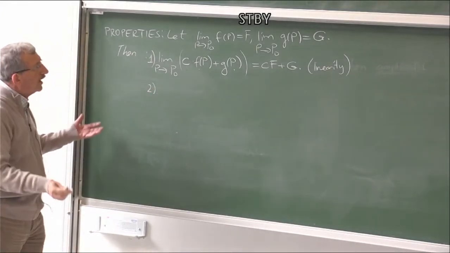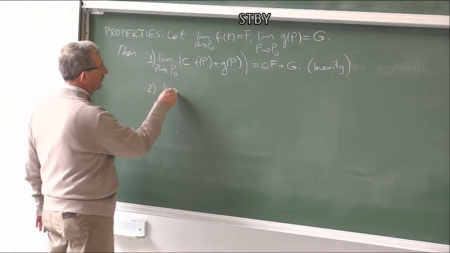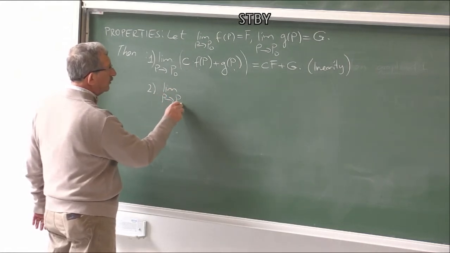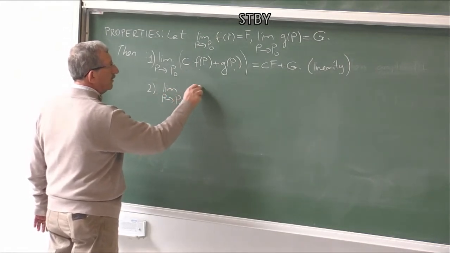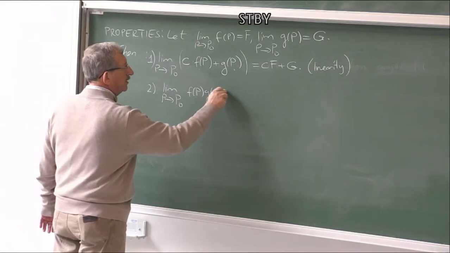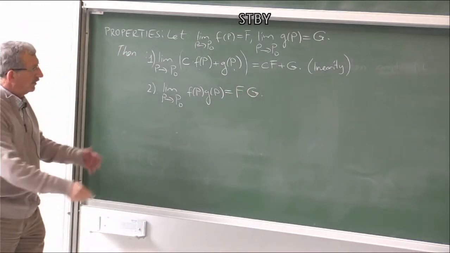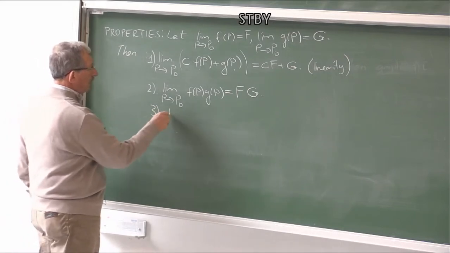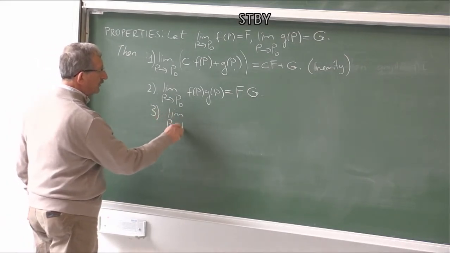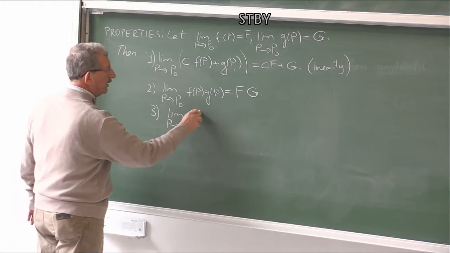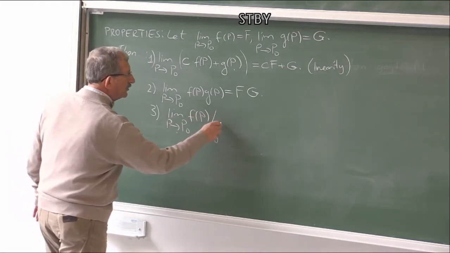Two, we can multiply limits, namely the limit as p goes to p0 of f of p times g of p will be FG. Same thing as before. The limit as p goes to p0 of f of p divided by g of p.